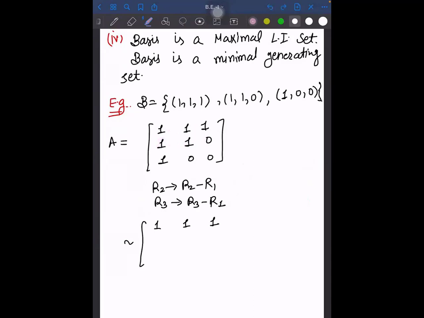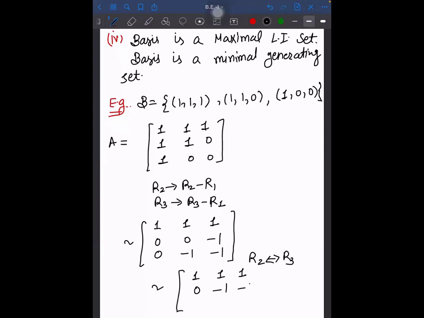So you will get 0 0 minus 1. Similarly here 0 minus 1 minus 1. Now, simply interchange R2 and R3. What do you get? You'll get 1, 1, 1, 0, minus 1, minus 1, 0, 0, minus 1.